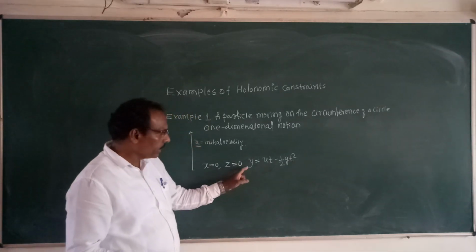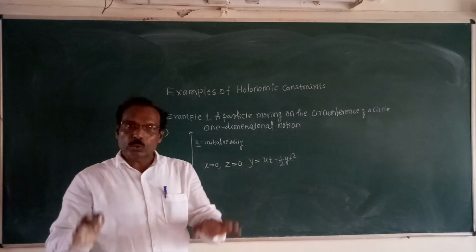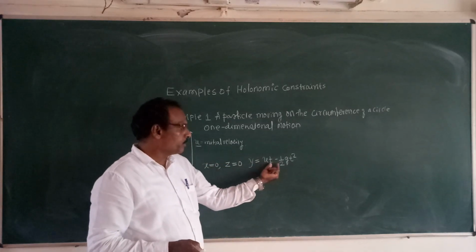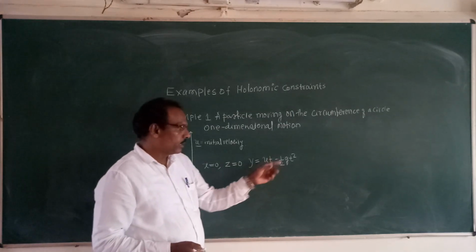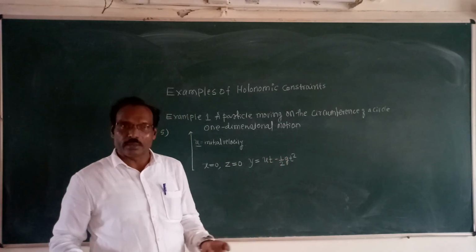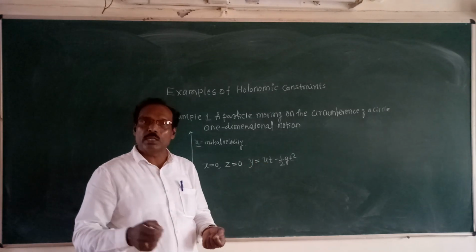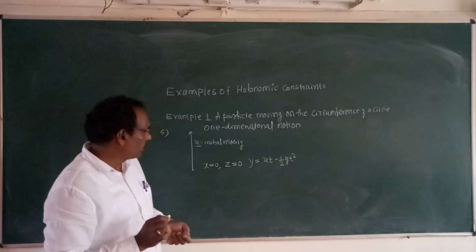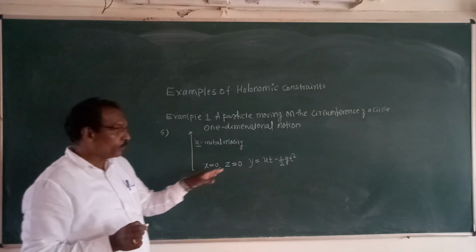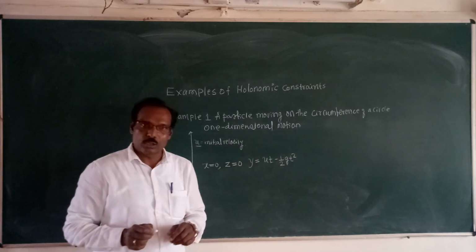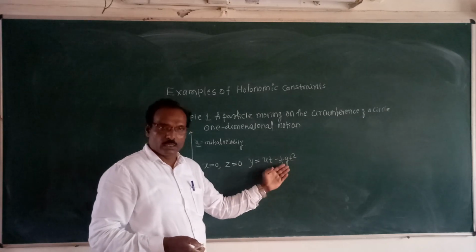That means we can write its equation, the simplest equation, which we all know very well: ut minus half gt square. g is a constant at a given place. t is the time, which is varying. u is the initial velocity with which we throw the object upward. If u is 0, we take the initial velocity as 0 and write it accordingly.